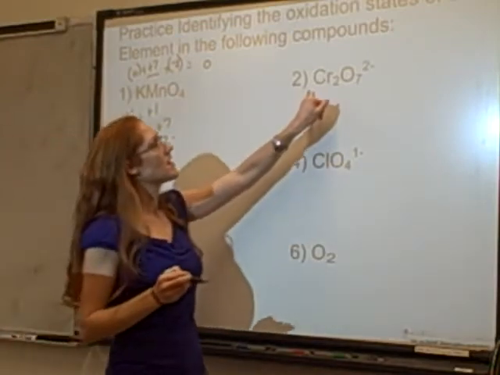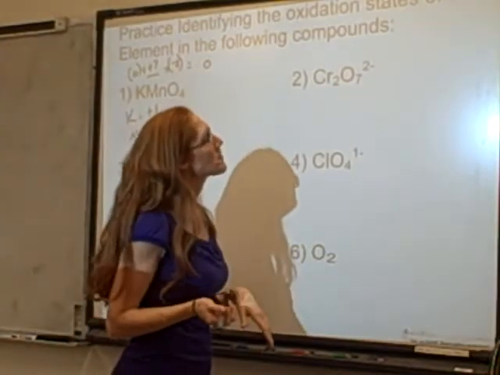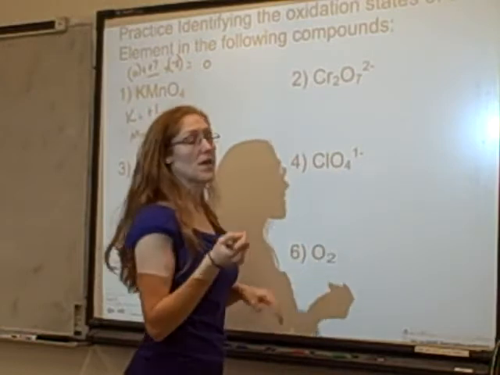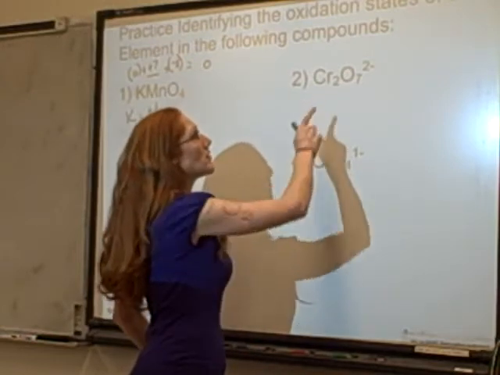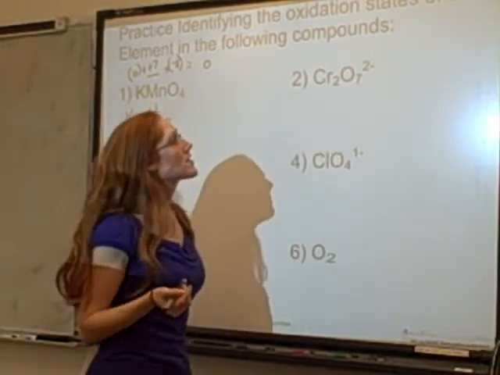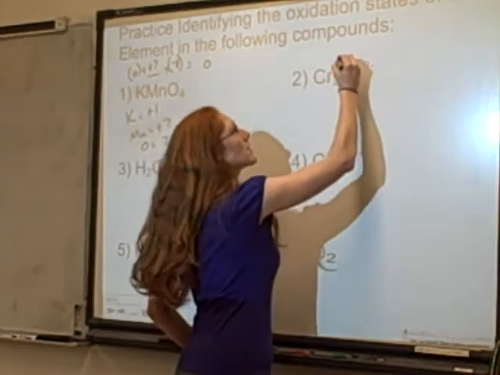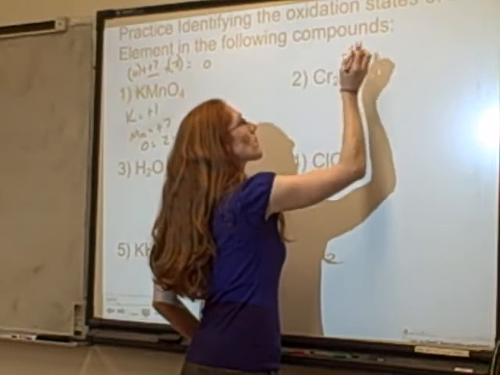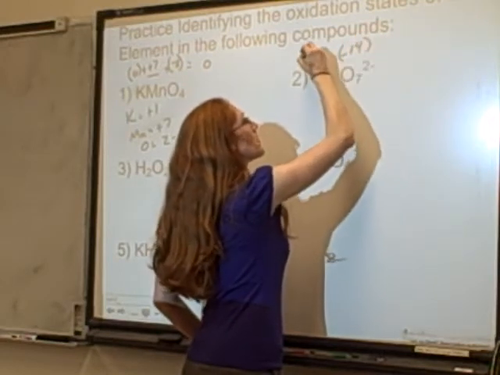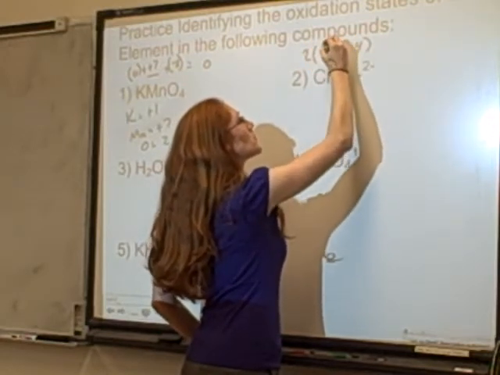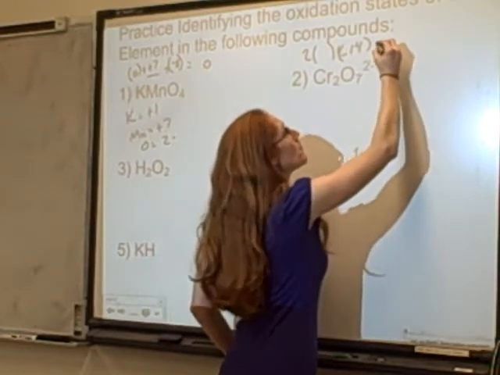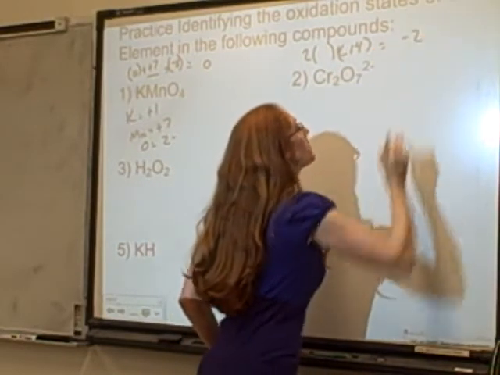Here I have dichromate, Cr2O7 with a 2-. All of these charges will add up to 2-. I'll look at the oxygen first. I'm going to assume it's normal, so -2 times 7 is -14. Then there are 2 chromiums, so 2 times something, minus 14, will equal -2.